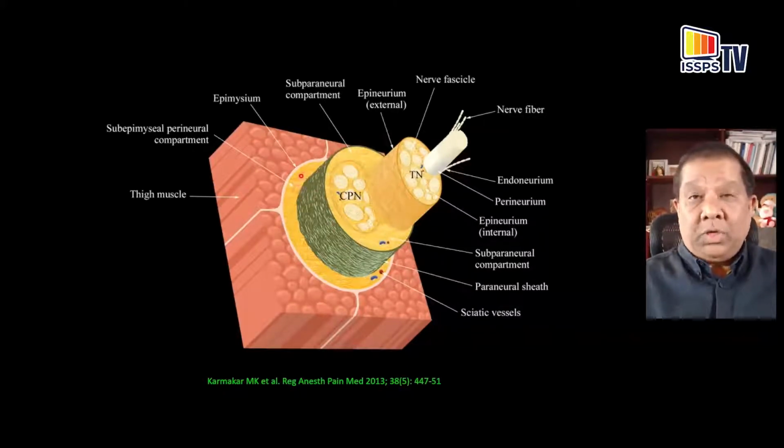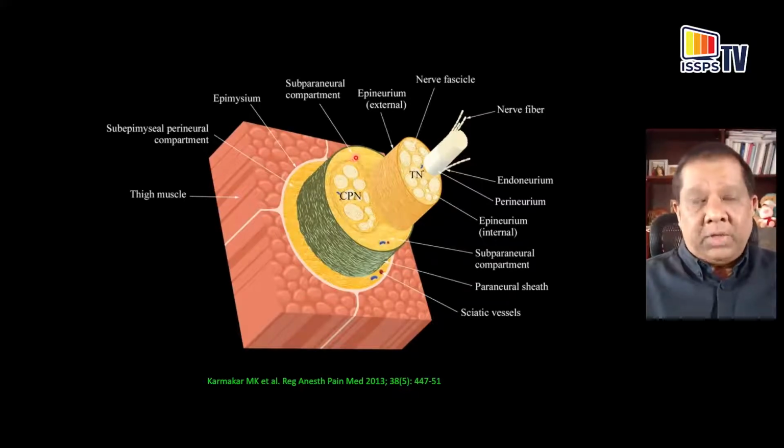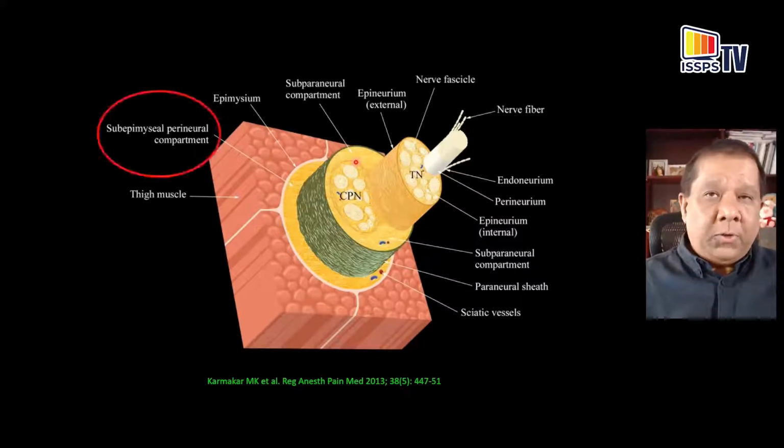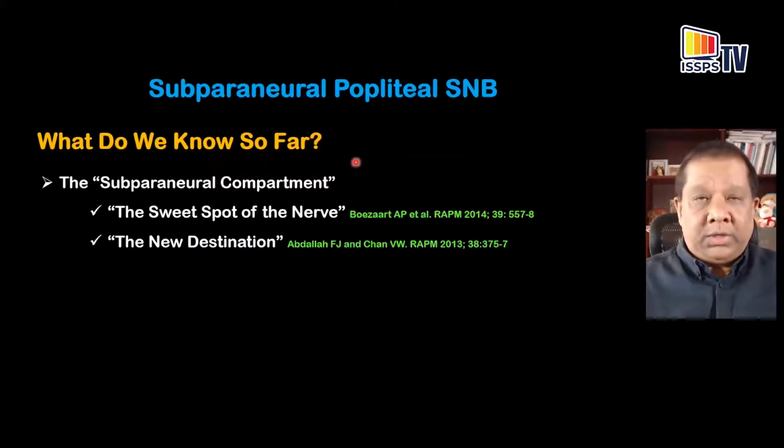So you have 2 compartments. You have a subepimysial compartment where you perform the extrafascial injections, and a subparaneural or subcircumneural compartment, where the subfascial injections are performed. So you now have 2 compartments into which you would inject your local anesthetic.